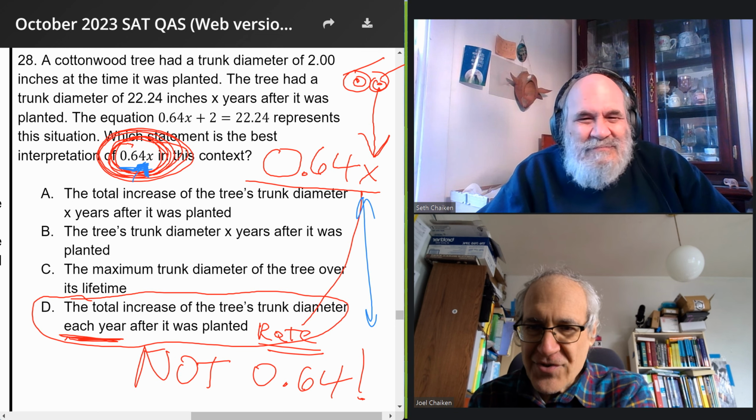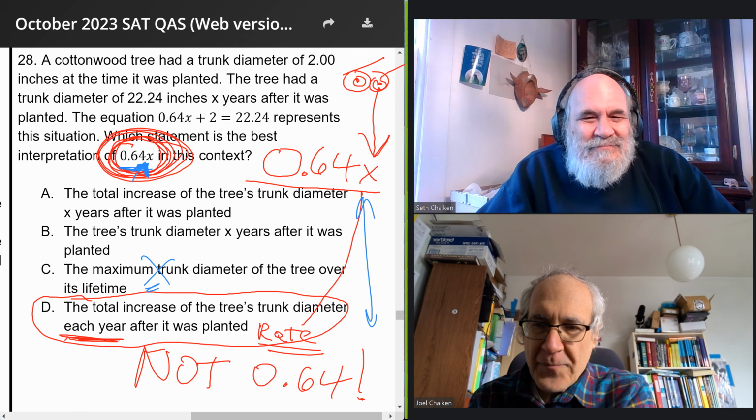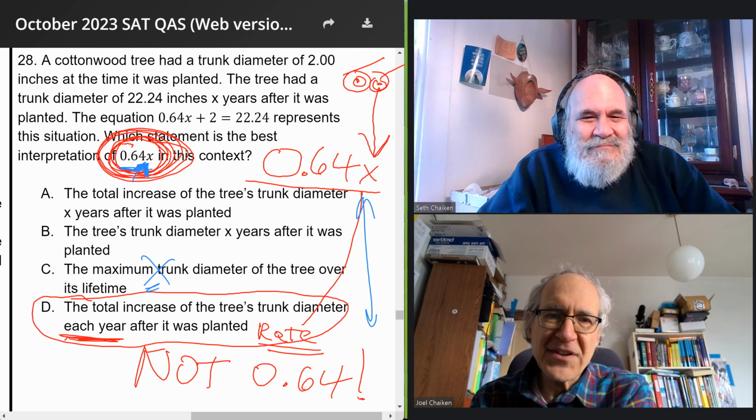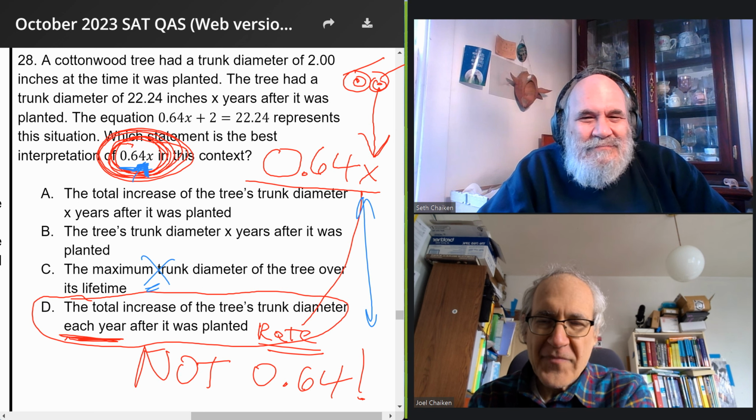Maximum trunk diameter of the tree over its lifetime. No, that's obviously not it. Yeah. So this question is both understanding linear growth, a linear equation, and also being careful to read the question. See, Seth initially thought that I saw the whole thing, and I was answering, and I was calling that a rate.